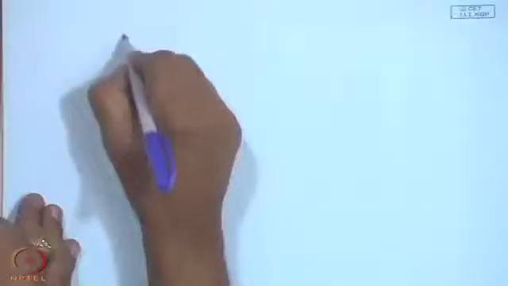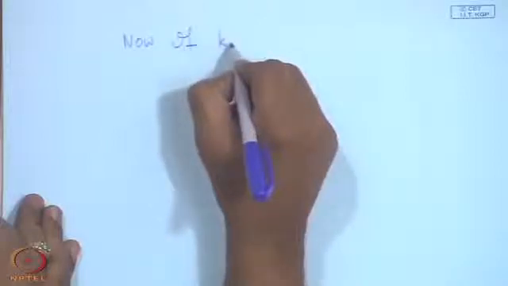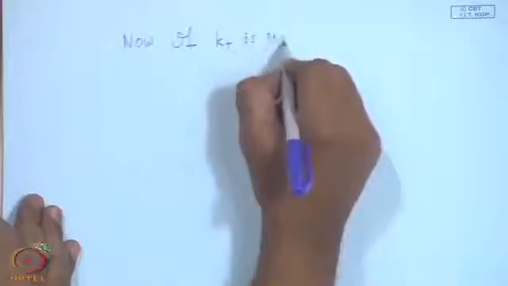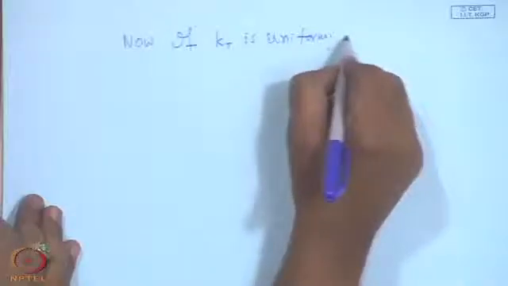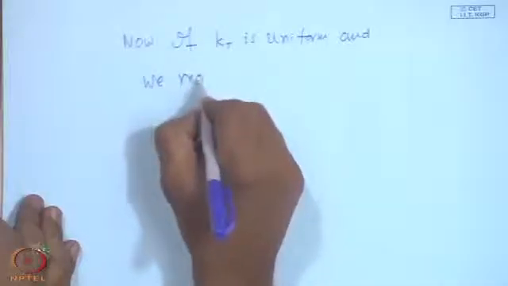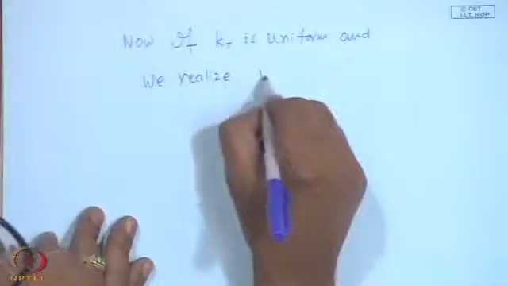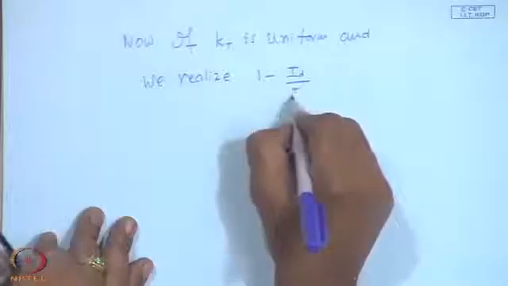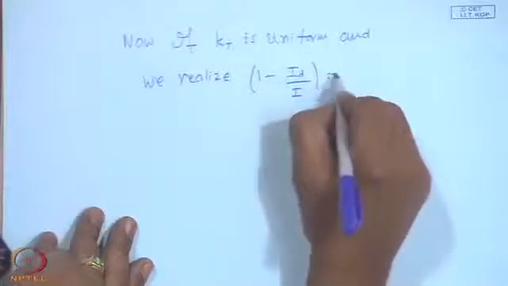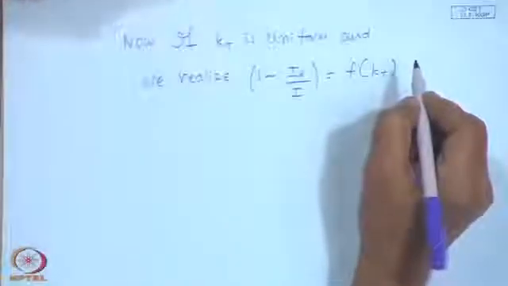So, now if k t is uniform, we realize I d by I is some function of clearness index, because all I d by I correlations and H d by H correlations are just functions of k t mainly.